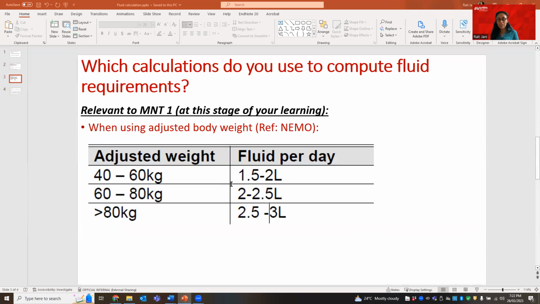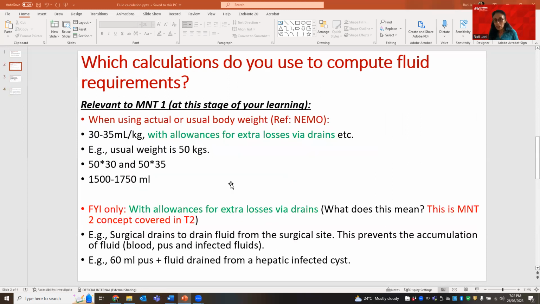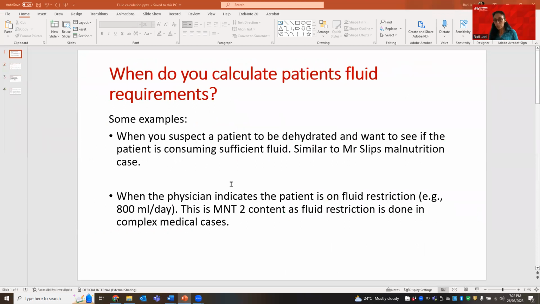Yes, and please remember, fluid calculations are more complex in nature when the disease condition becomes more complex. But what you have been exposed to at this level is the first baby step in clinical nutrition, which is what I exposed to you in Mr. Slip's case study.